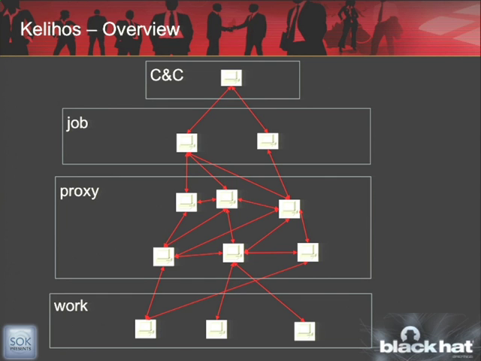So when the worker gets the URL to download the binary, the new version of Kelihos, the binary is actually from the job servers. It's not from the CNC server. The CNC server is just to upload the configurations to the job servers. Actually, any important information is stored at the job servers.